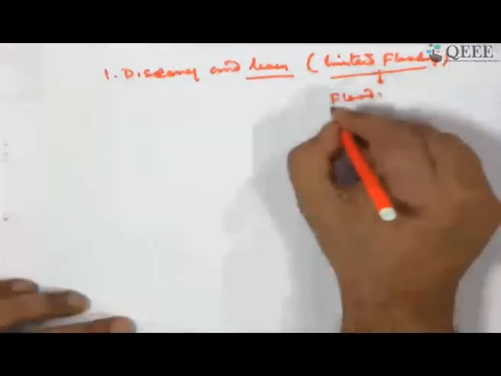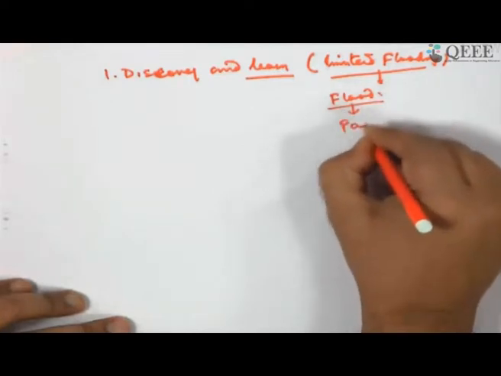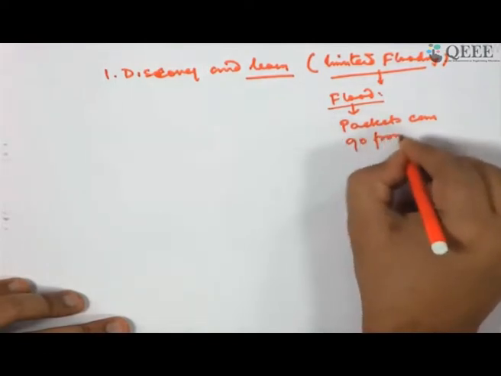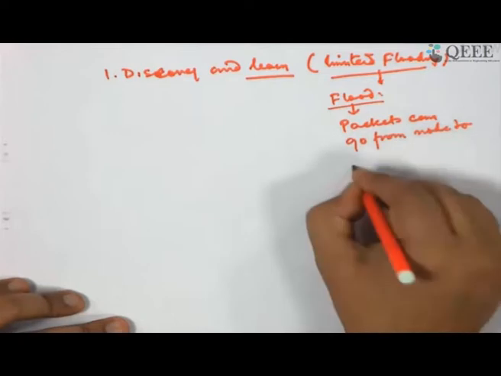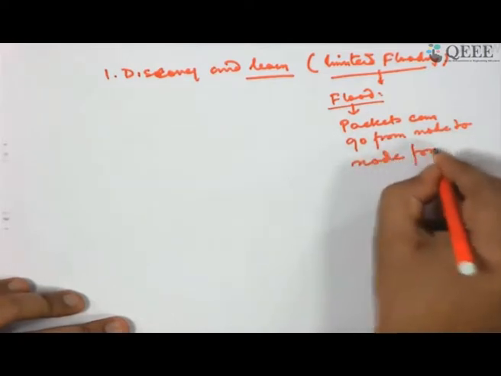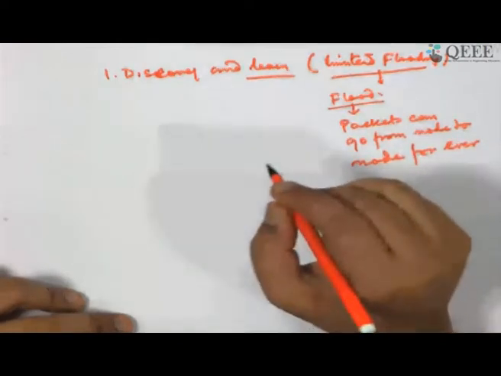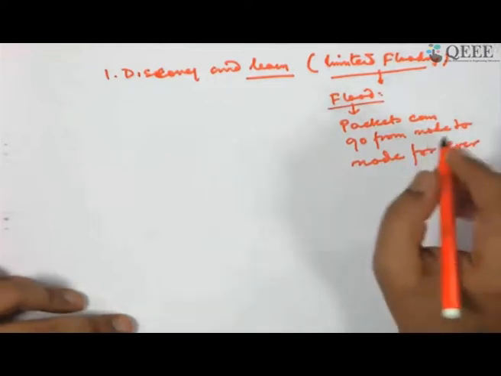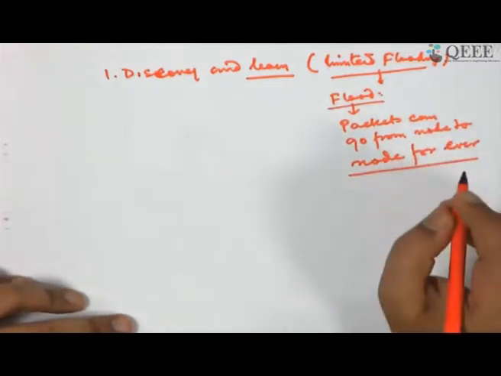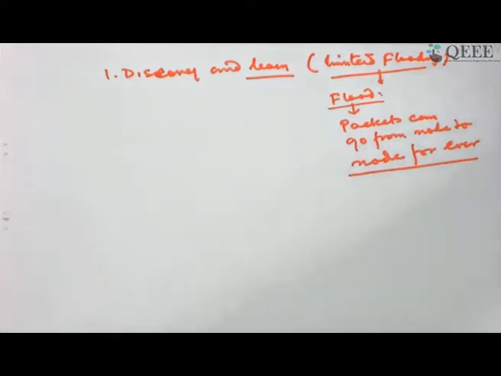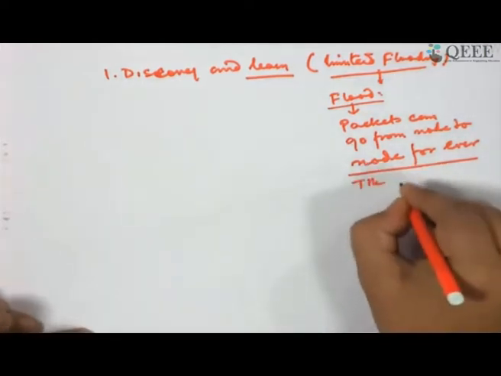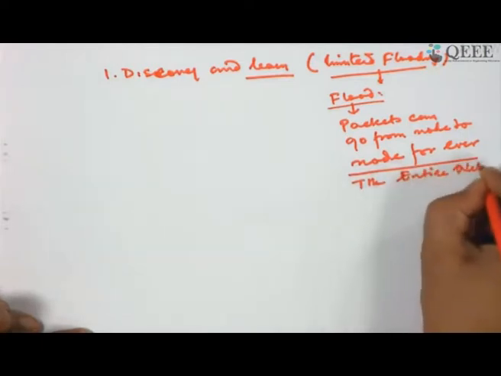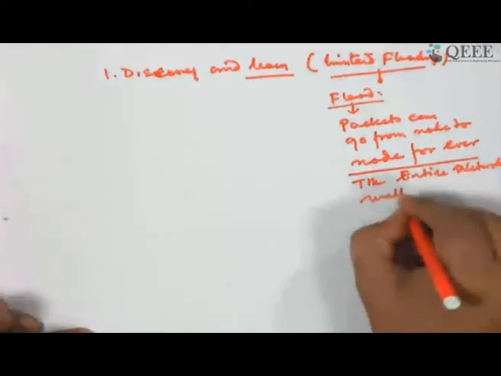The consequence is that the packets can go from node to node forever, which means the entire network will get congested.